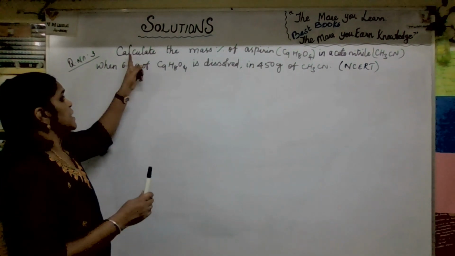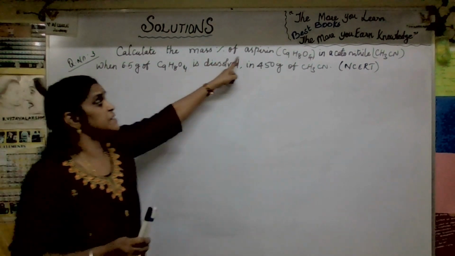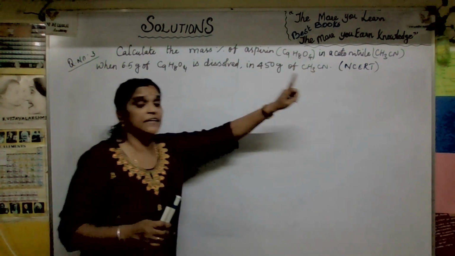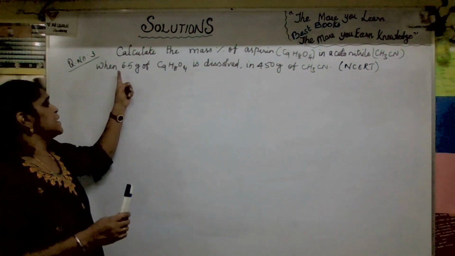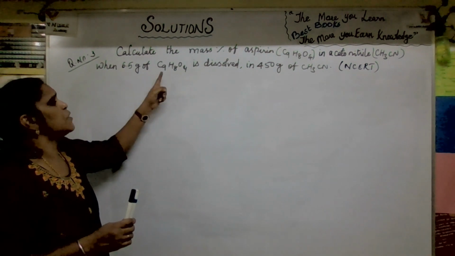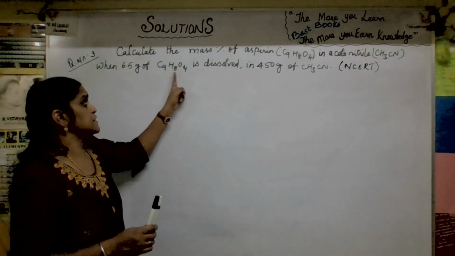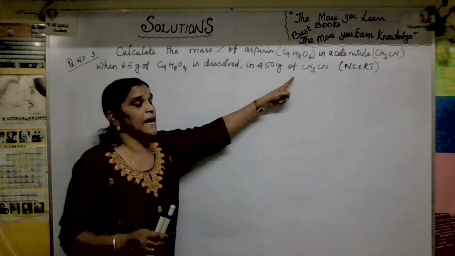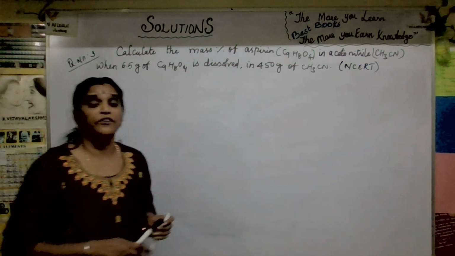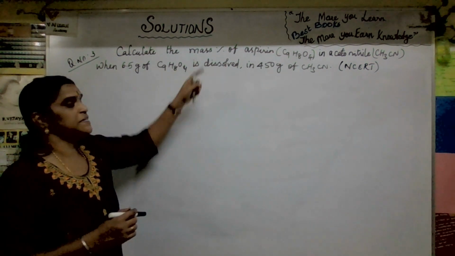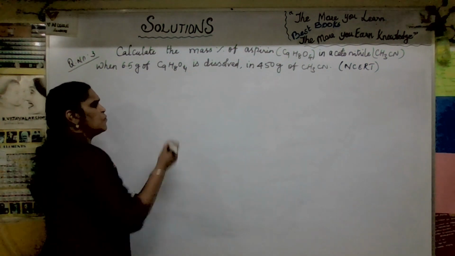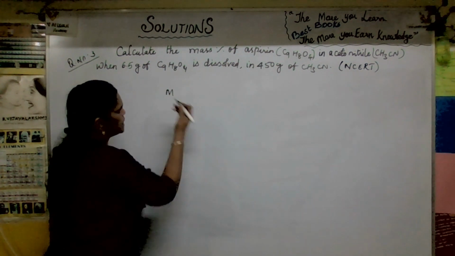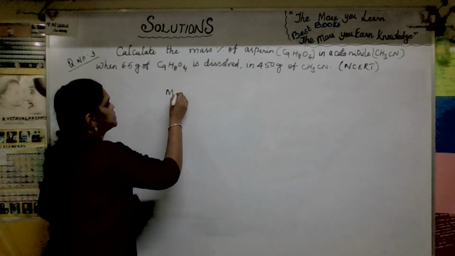Now the next question. Calculate the mass percentage of aspirin C9H8O4 in acetonitrile CH3CN when 6.5 gram of aspirin C9H8O4 is dissolved in 450 gram of acetonitrile. Now you have to find out the mass percentage of aspirin. What is the formula for mass percentage of solute?